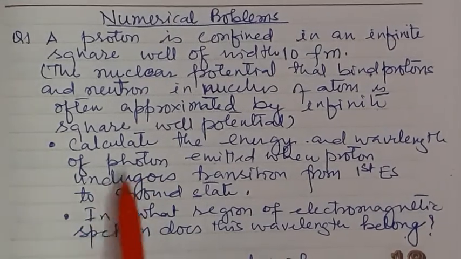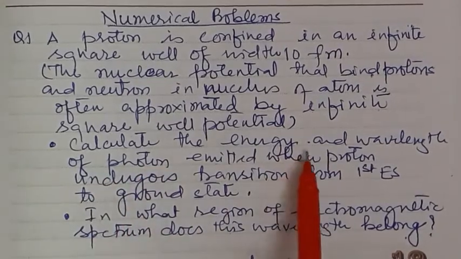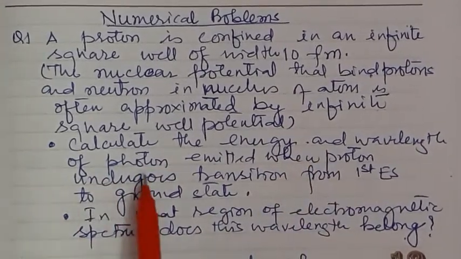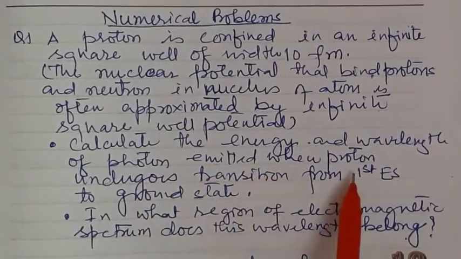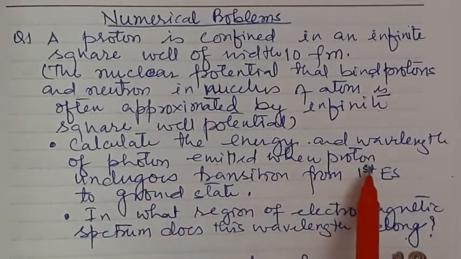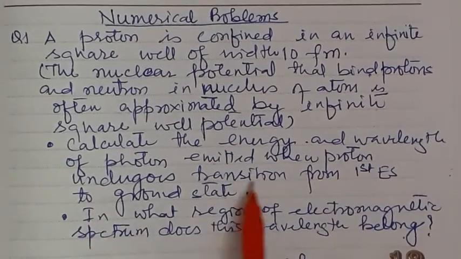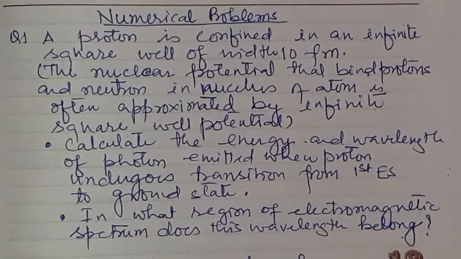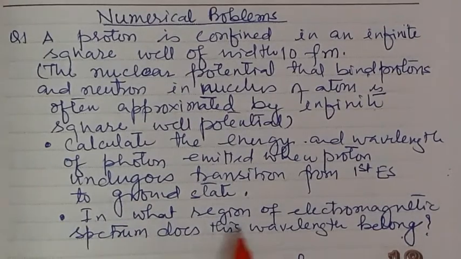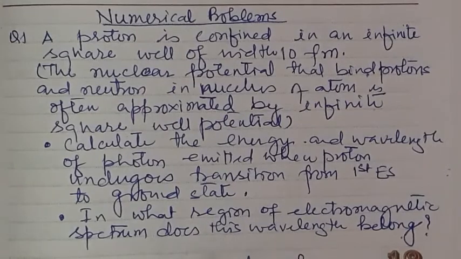So what it needs: calculate the energy and the wavelength of the photon emitted when the proton undergoes a transition from the first excited state to the ground state. And second, in what region of the electromagnetic spectrum does this wavelength belong?